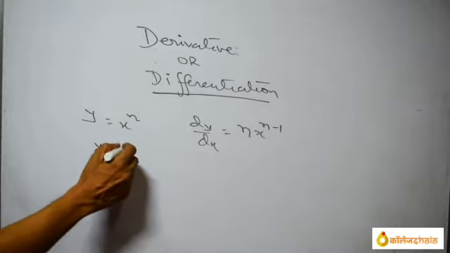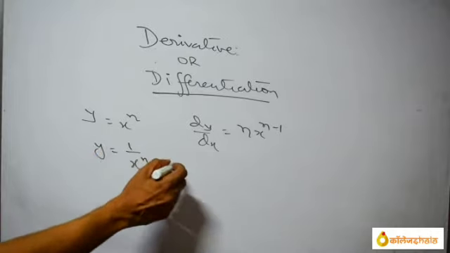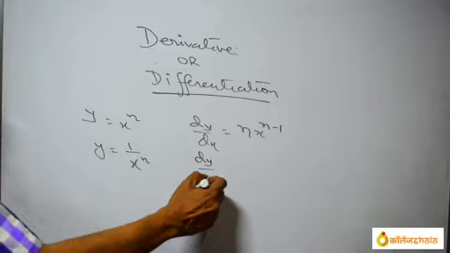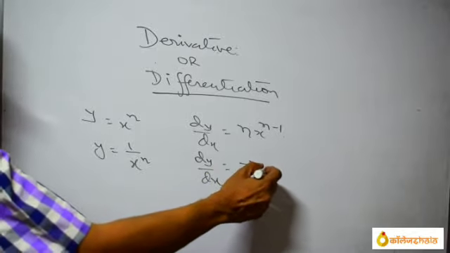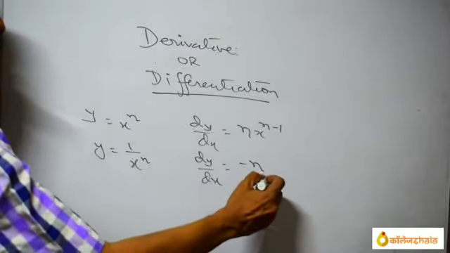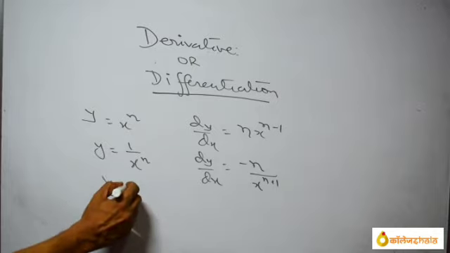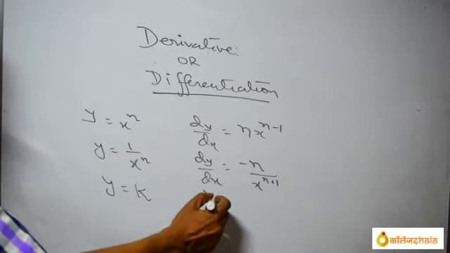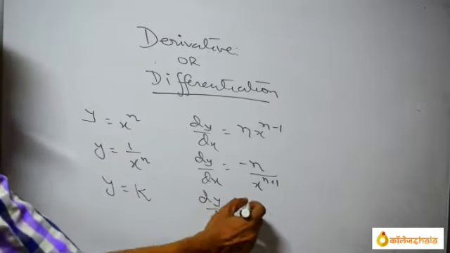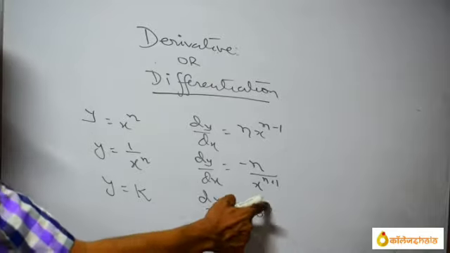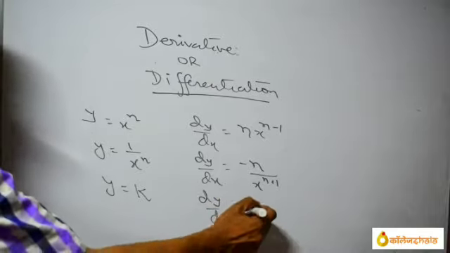But if y is equal to 1 by x to the power n, then dy dx is minus n by x to the power n plus 1. This is for the expression when the variable is in the denominator with power n. Next, if y is any constant fixed value, then dy dx will be 0. So the derivative of any constant is always 0.